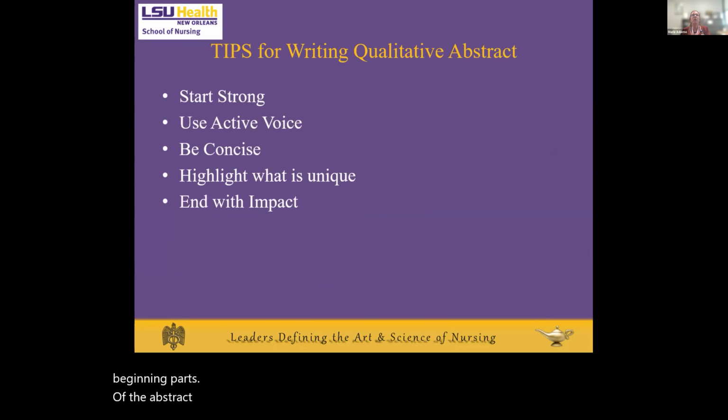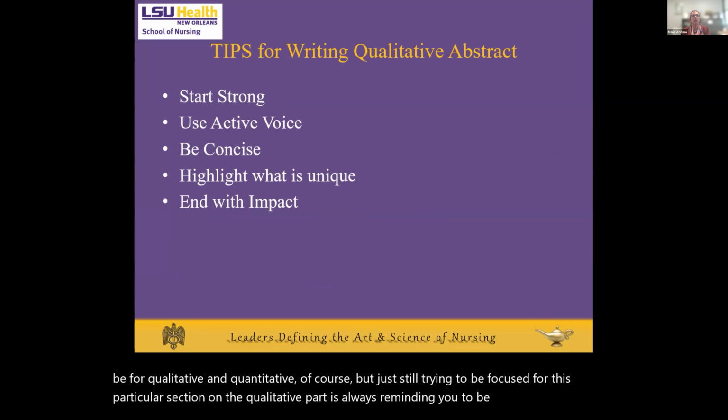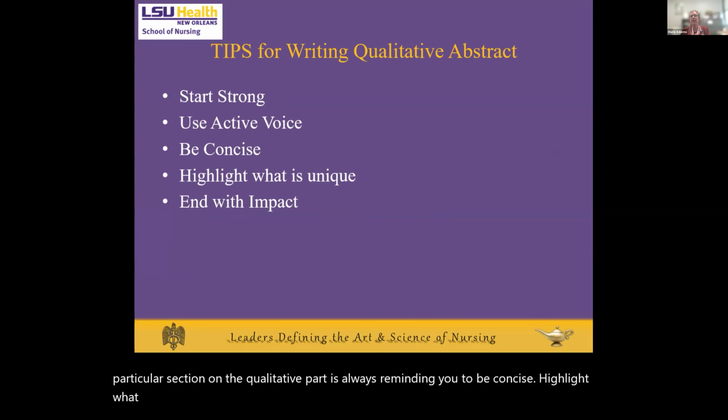Some tips for writing a qualitative abstract: start strong, use active voice, and this could be for qualitative and quantitative, of course, but I'm still focusing on the qualitative part. Always be concise, highlight what is unique, and always end with impact.